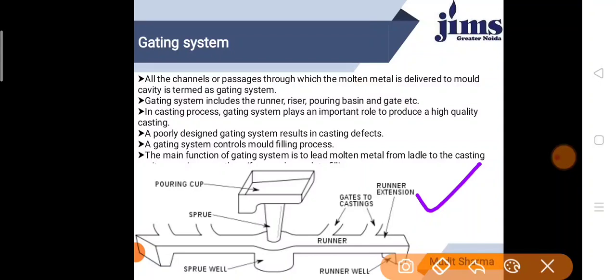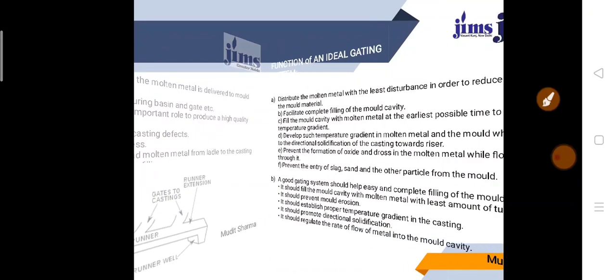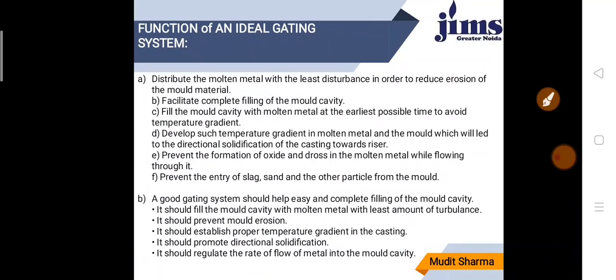That means the molten metal maintains its state and its cooling rate is high when the mold cavity is completely filled. The gating system should ensure that enough molten metal reaches the mold cavity.